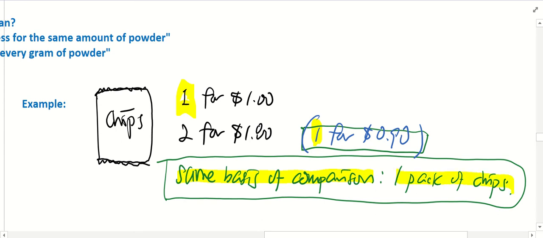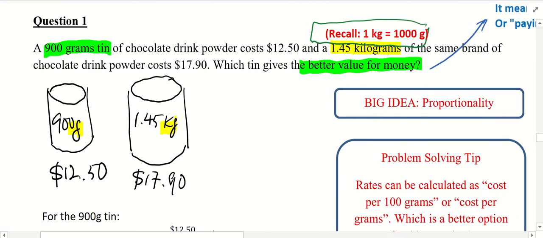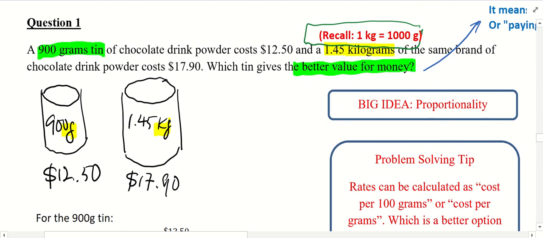With this idea, let's go back to the question. I have 2 different sizes of chocolate milk powder, and we are asked which one gives better value for money. From the experience of dealing with packets of chips, we know that we need the same basis of comparison. I can choose 1 gram of chocolate milk powder.